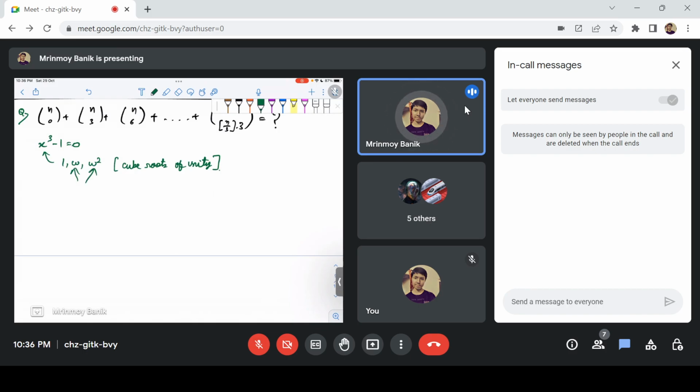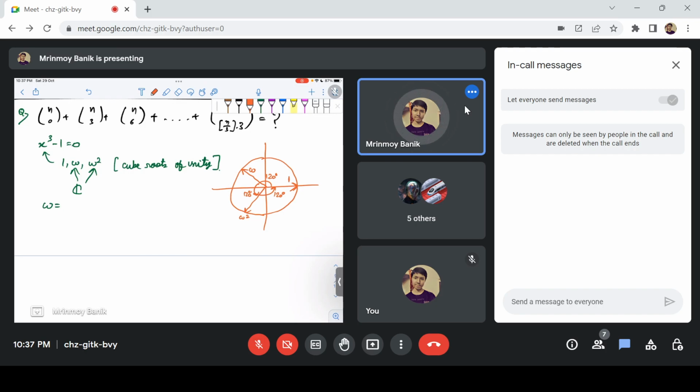Omega can be pictorially represented as points on the unit circle exactly 120 degrees apart. So this is a unit circle. This vector over here represents the complex number 1. This vector at 120 degrees represents the complex number omega. Similarly, this is also 120 degrees and this is also 120 degrees. This is omega squared.